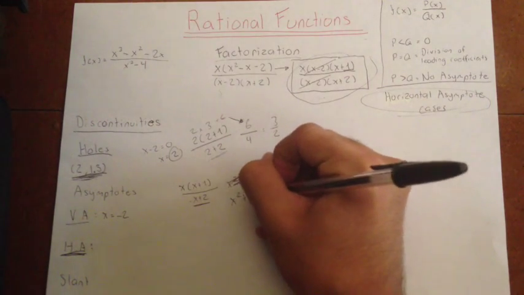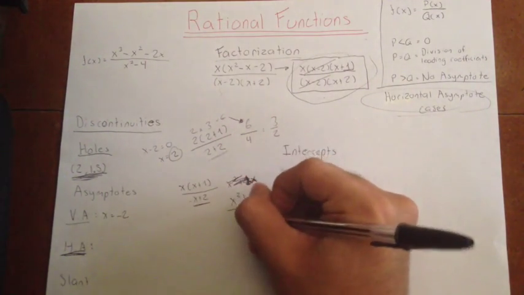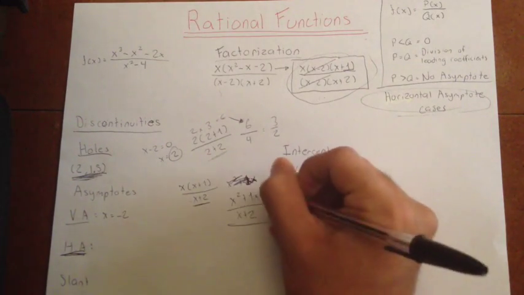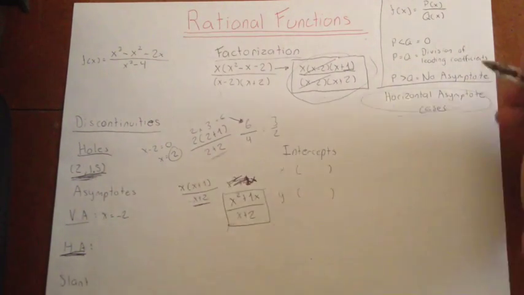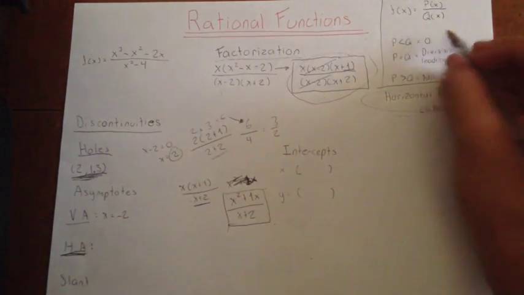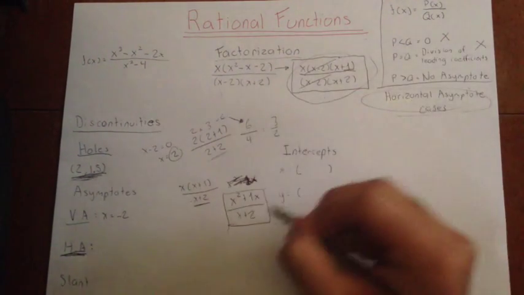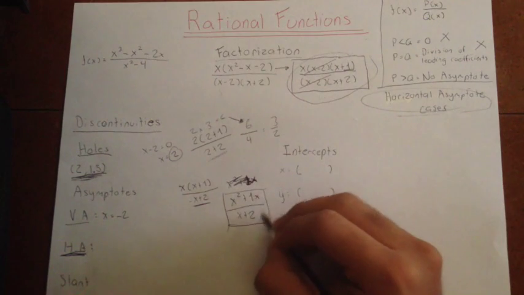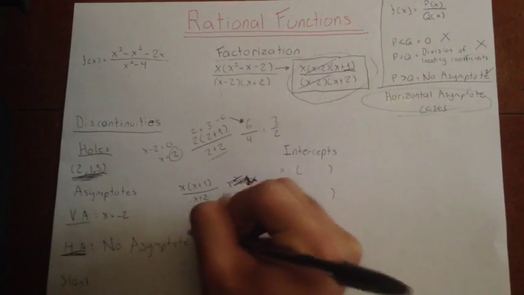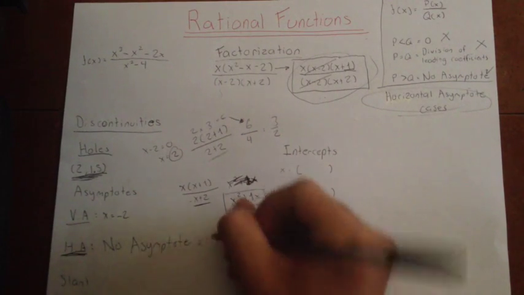However, if the leading coefficient of the numerator is bigger than the leading coefficient of the denominator, you have no horizontal asymptote. At this point, we can see that the leading coefficient of our numerator is bigger than the leading coefficient of our denominator, which gives us the result of no horizontal asymptotes.